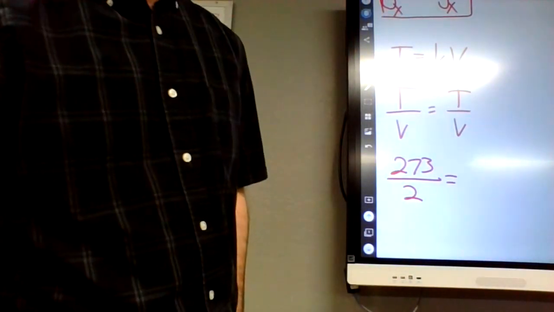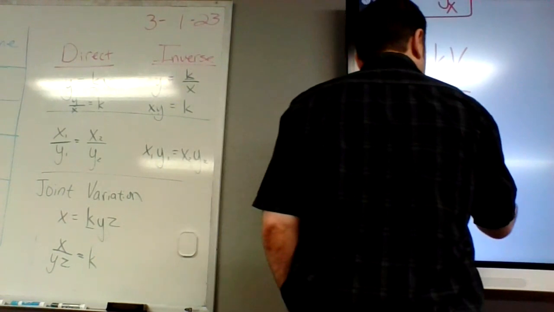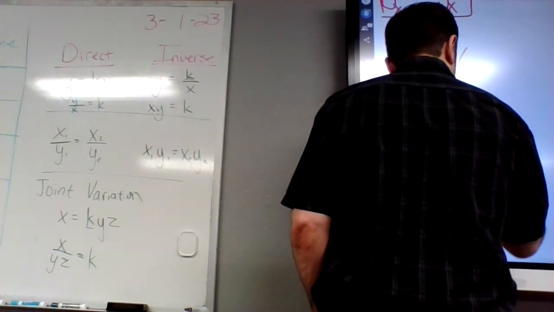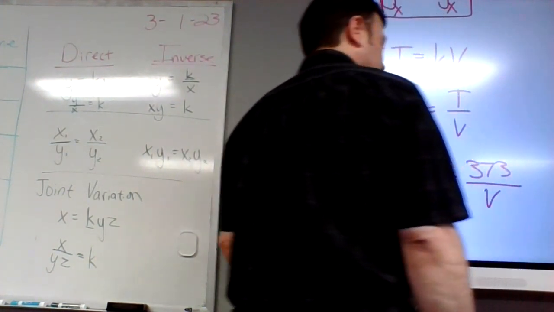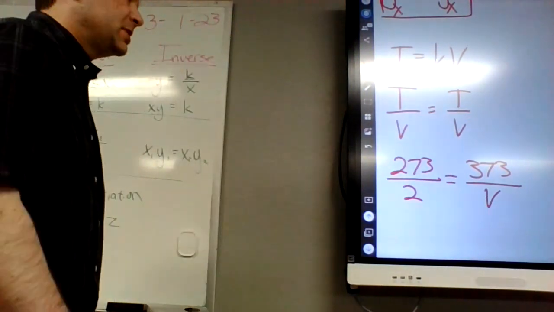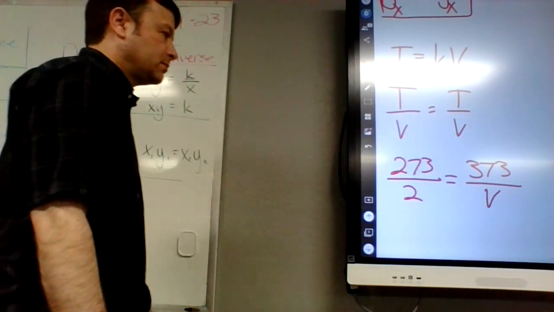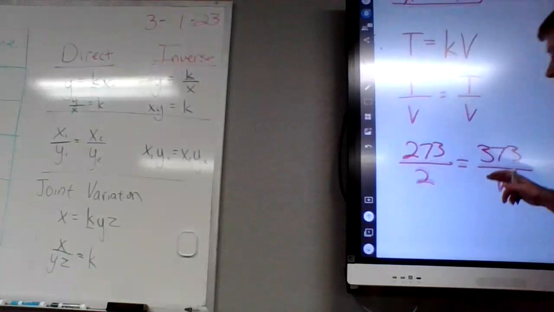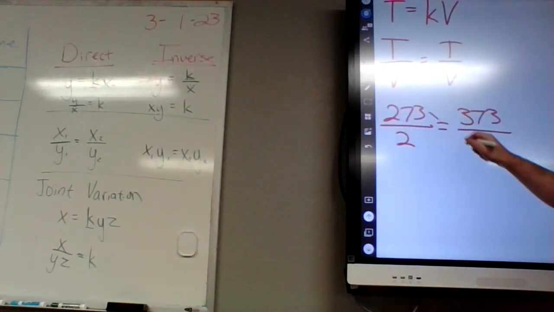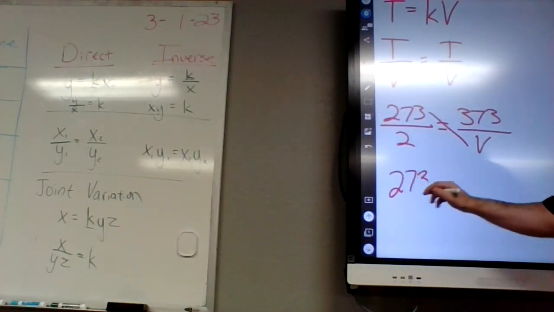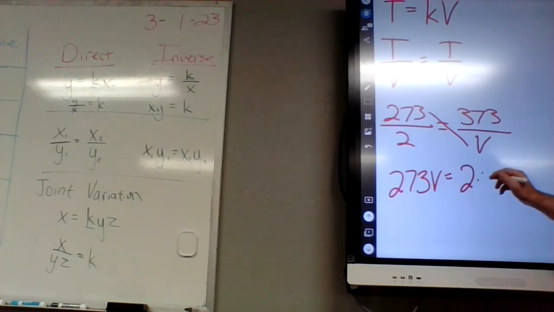And then 373 is the other temperature, so it'll be on top. And the volume is unknown there. So 273 V equals 2 times 373.